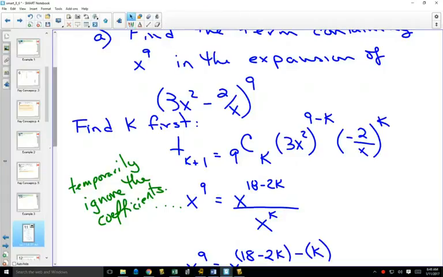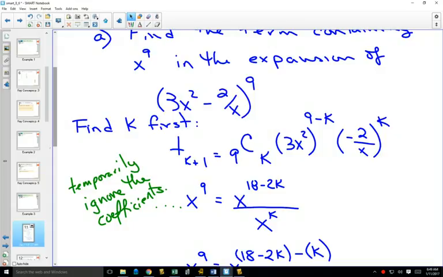So we temporarily ignored the coefficients, all the numbers in front. So if we do that, we know that our term has an x to the 9. And if we just look at our x's, we said, well, in the first one you'd get an x to the 18 minus 2k. In the second one you'd have an x to the k on the bottom.